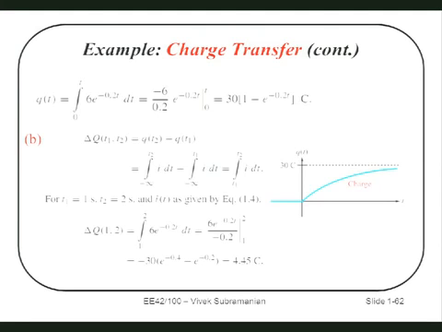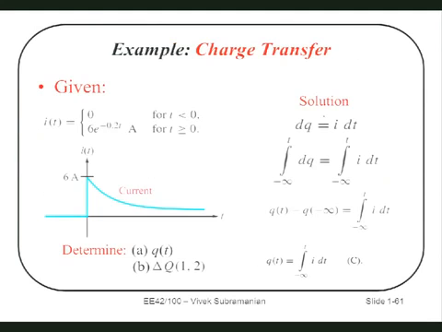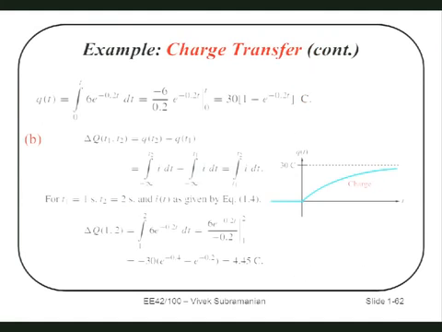The nice thing about writing it from 0 to t is we don't have to deal with this weird discontinuity that shows up right at 0. So we just integrate from 0 to t. We plug in the equation form that we had, and that gave us an equation for the charge as a function of time. So that's the first part of the problem, and that's where we ended the last class.